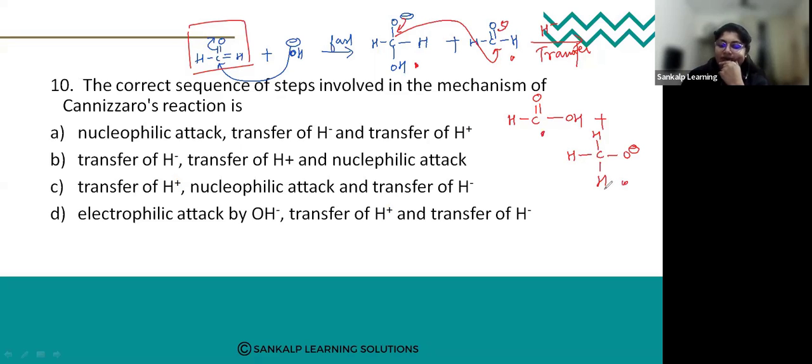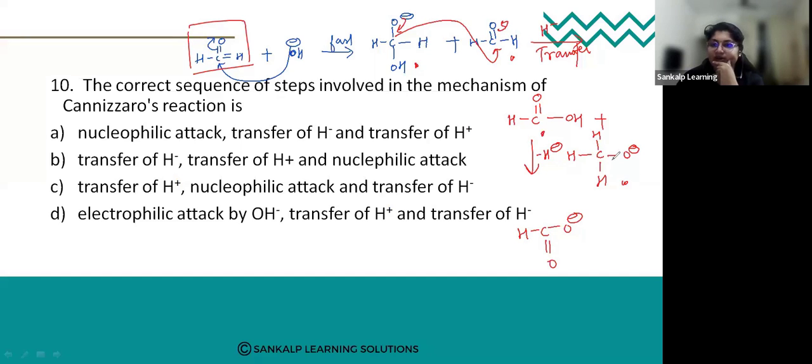If this transfer of H minus takes place, it will result in HC double bond O and O minus, if the hydride ion transfer takes place.